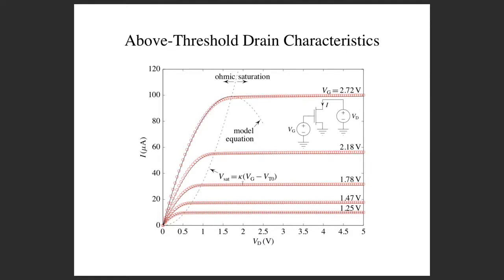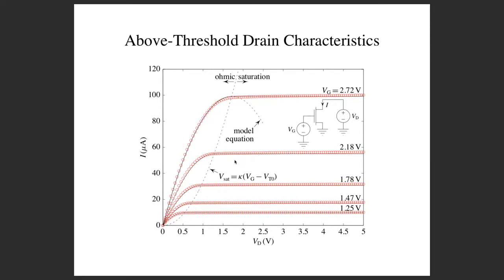But then at high drain to source voltages, the current levels out. We call this region down here the ohmic region, as I mentioned before, where we have this resistor-like behavior. And this region over here is called the saturation region because the current saturates.